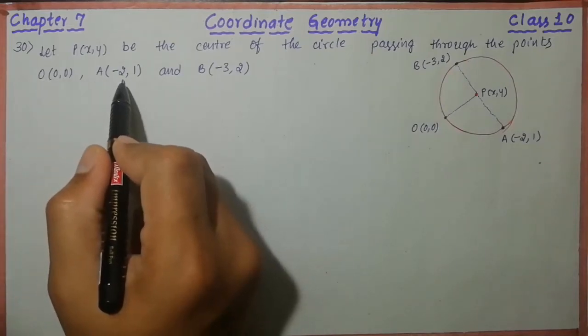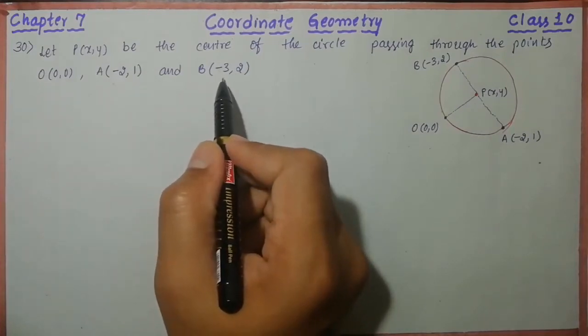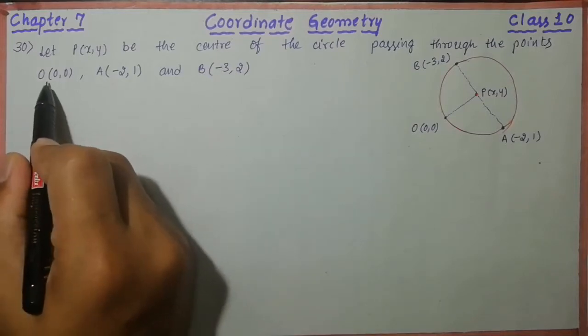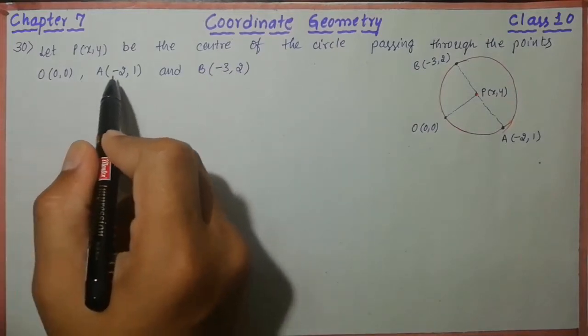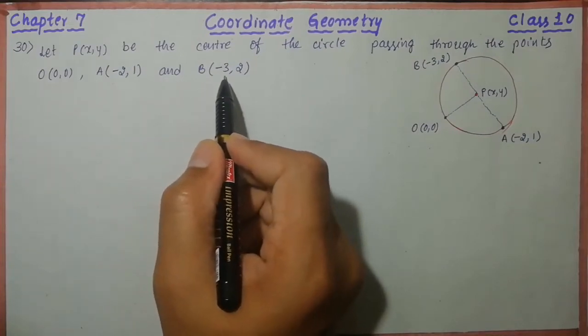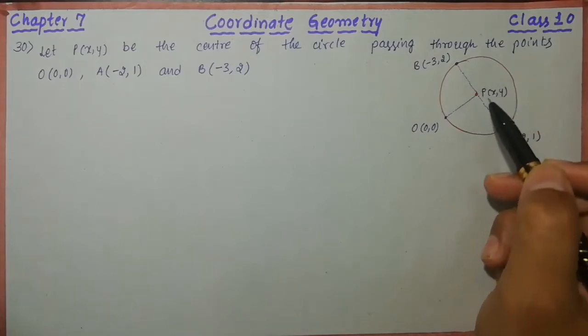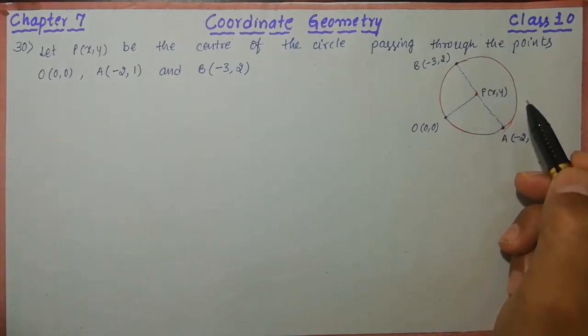The second point I'm going to take as A, (-2, 1), and the third point as B, (-3, 2). Now look at here, I have written a rough diagram for further clarification.